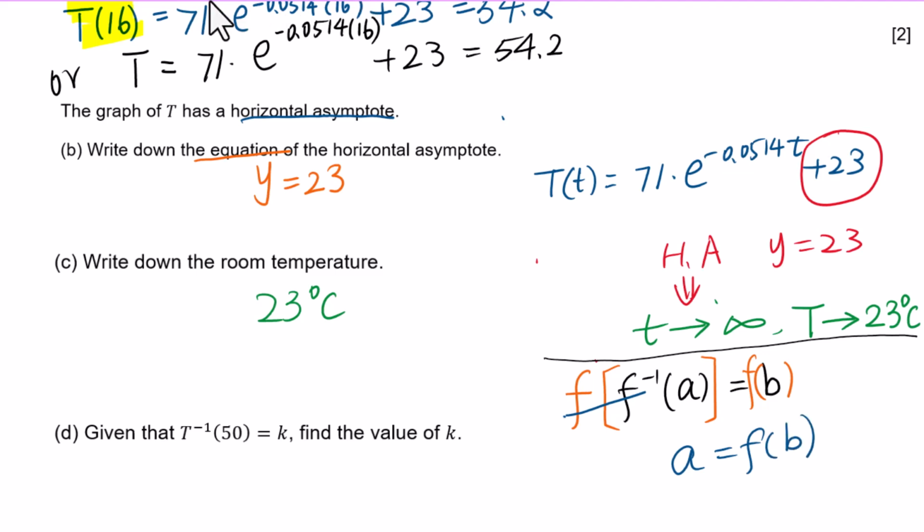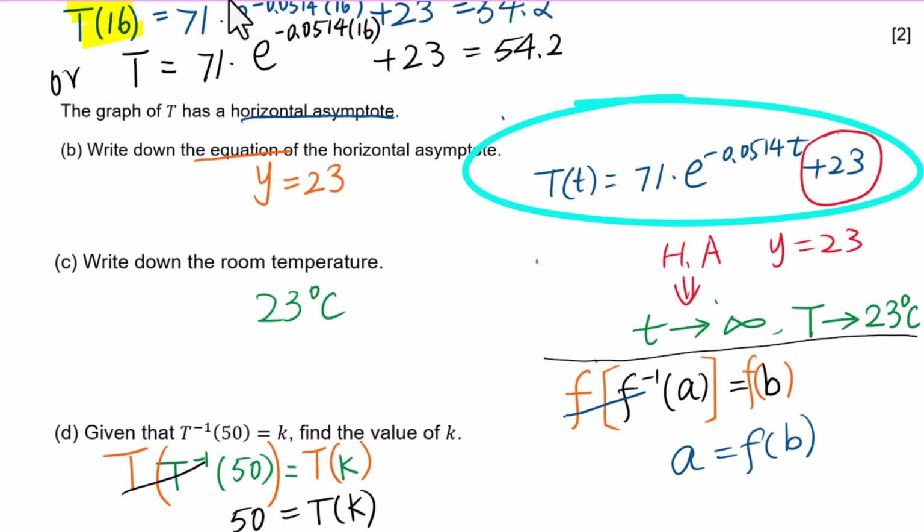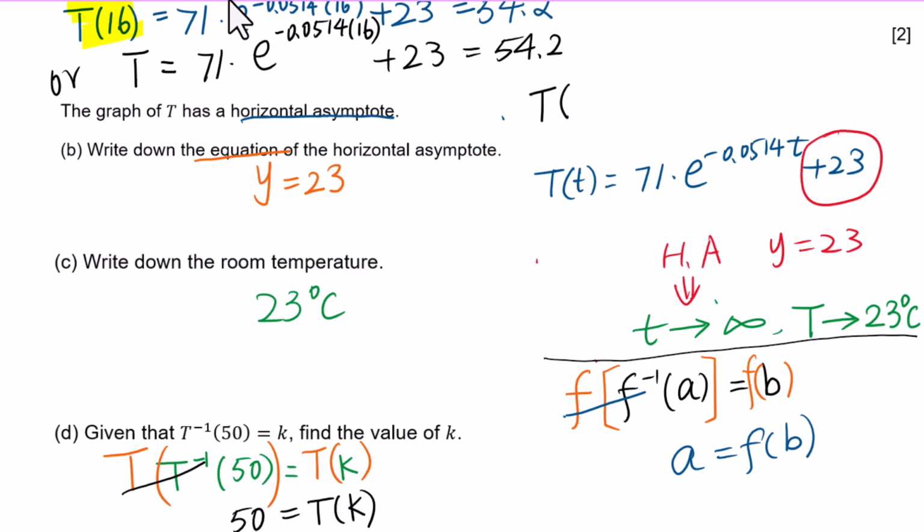So for this situation, inverse T of 50 equals K. We will put a function T both sides. Then we cancel. We got 50 equals T of K. For T of t equals 71 times e to the negative 0.0514t power plus 23, then use the function notation T of k.